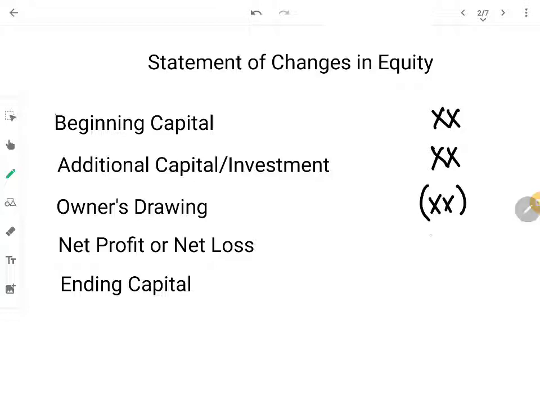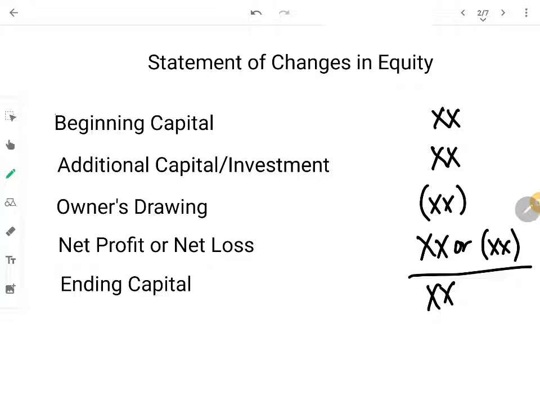So i-add natin dapat yan. Pero pag mas mataas yung expenses kesa sa revenue, then meron tayong tinatawag na net loss. So i-deduct natin yung net loss in order to arrive with the ending capital. So, yan yung statement of changes in equity.